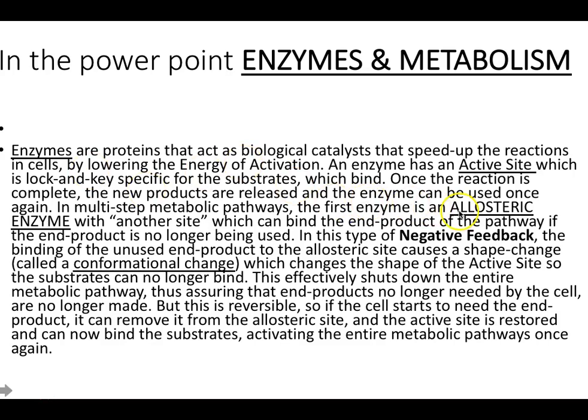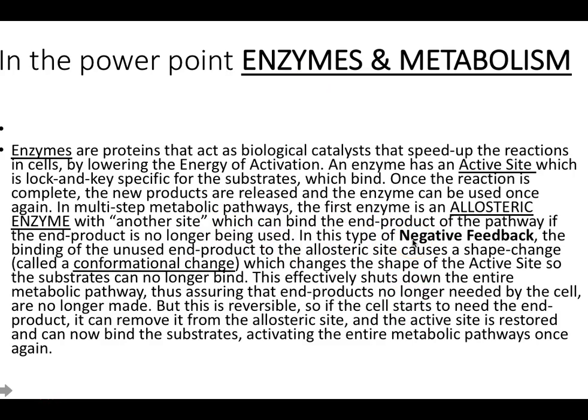And if the end product is no longer being used, then it'll bind to the allosteric site on the first enzyme and shut down the entire pathway. This is called negative feedback.